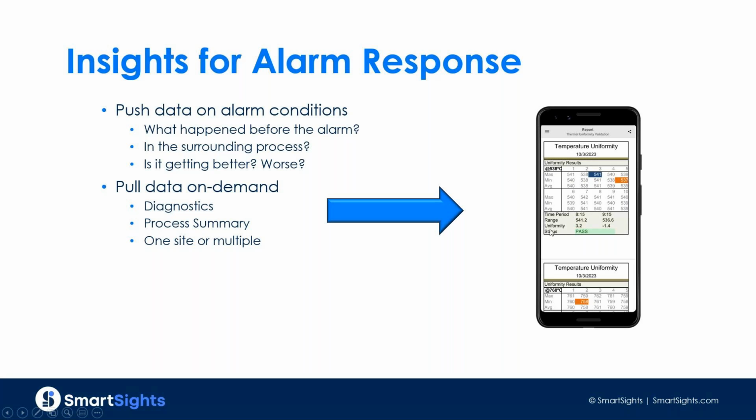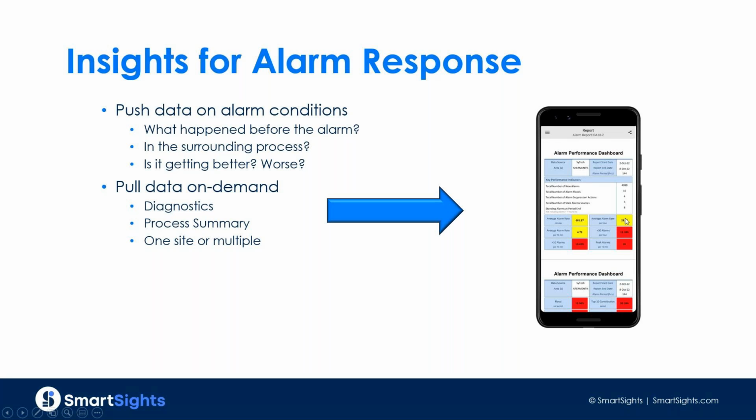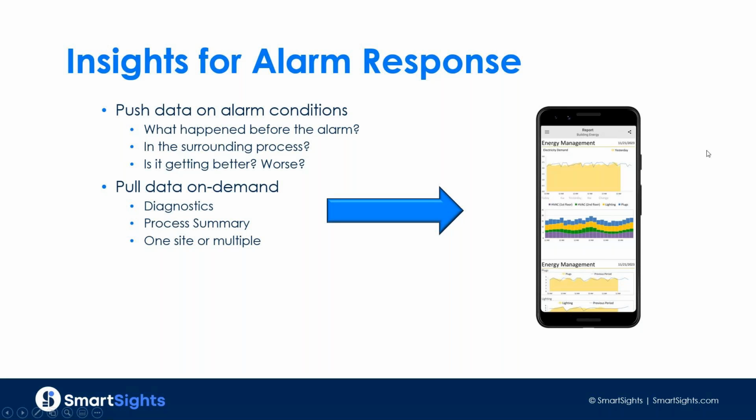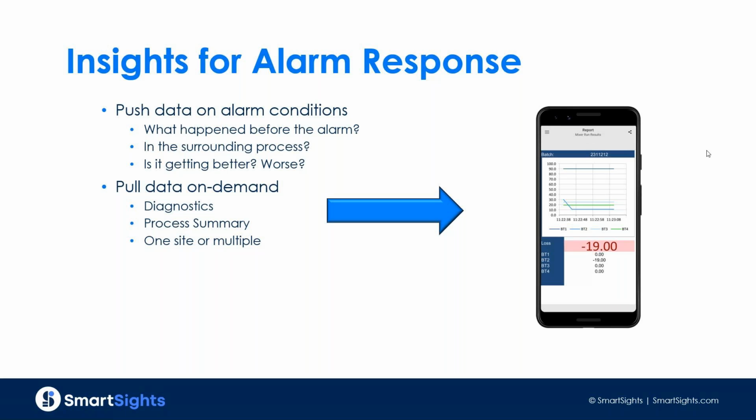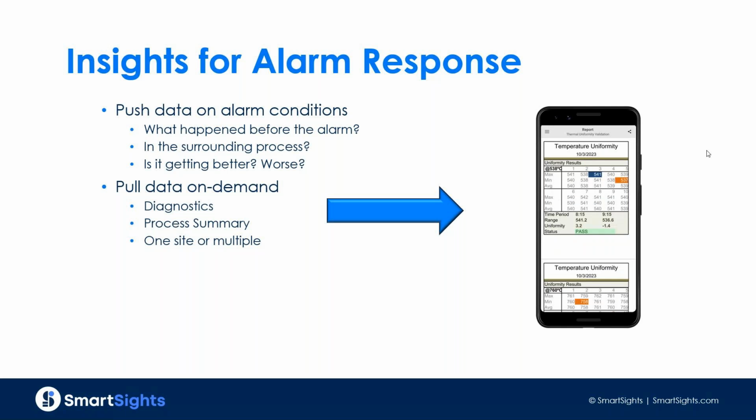Did we pass or did we fail? What are the concerning areas? And they can even check on the health of the alarm system itself and see if there are problems within that. Are we getting alarm floods? Are there chattering or stale alarms? And so these are all enhancements to the fundamental function of this app, which is receiving alarm notifications. Now we can use this to get a better understanding of not only how to respond to the notifications, but of the process itself.